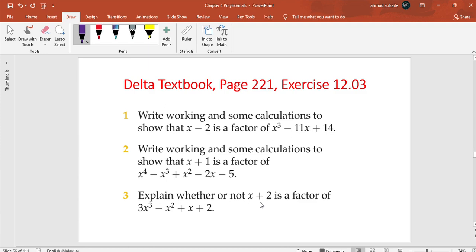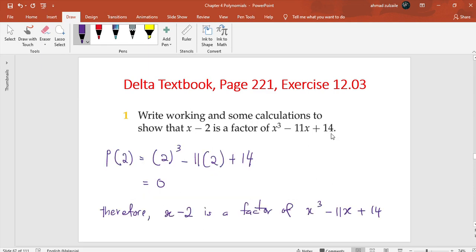Alright, so let's take a look at the question from Delta. You can try the exercise from 12.03, page number 221. Over here, I'm going to show you question number 1.